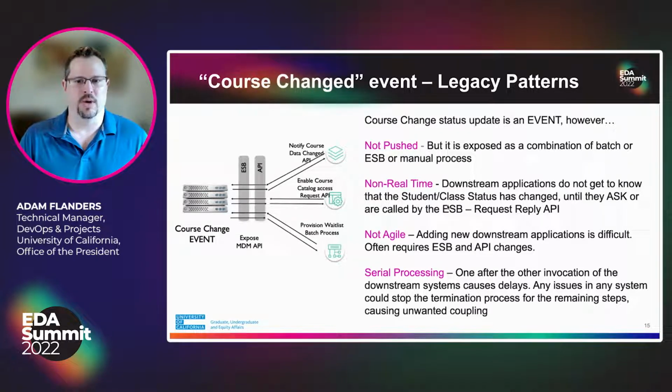When we took on this project, we had to understand the ecosystems and approaches of our campuses, especially since none of them were utilizing the cloud native architectures that we were, and a lot of them were bringing some really big legacy systems to the table. So if we had a typical course change event, say, that we at the hub team would expose in our middleware with APIs in our ESB, we would then be notified of that change.